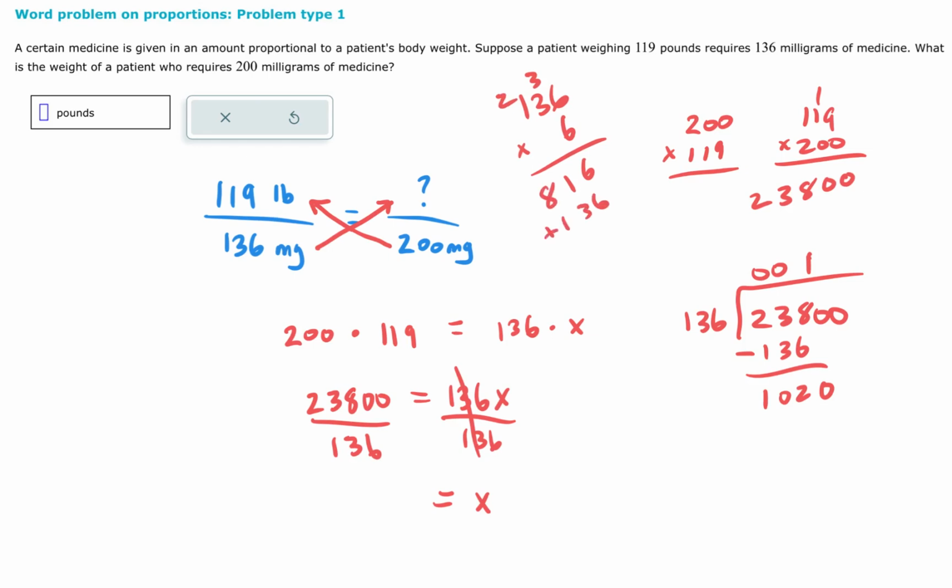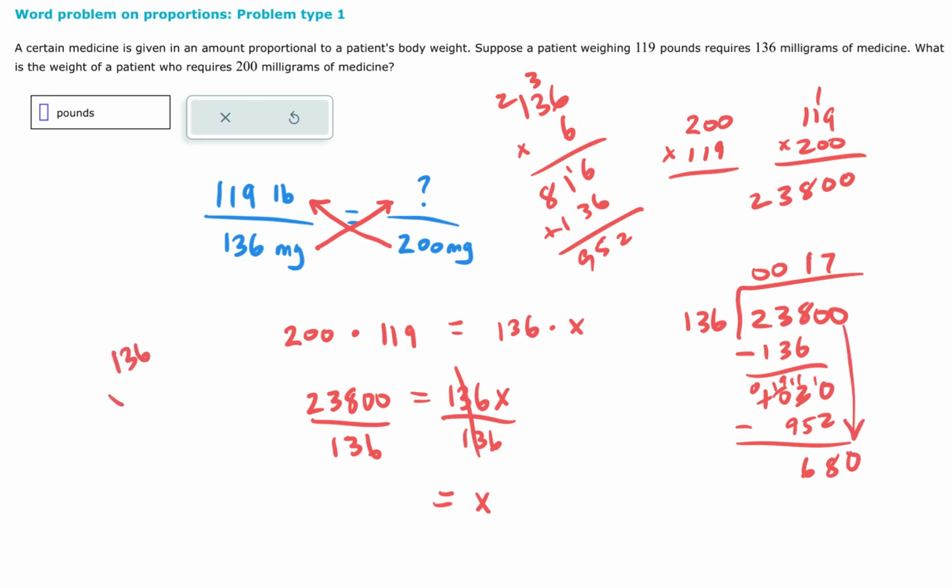Let's see what that is. Just add another one. 12, 3, 4, 5. So it's going to go in 7 times, and that was 952. Do some subtraction, regrouping. 11 minus 5, 9 minus 9 is 0, so 68, and bring down the last 0.